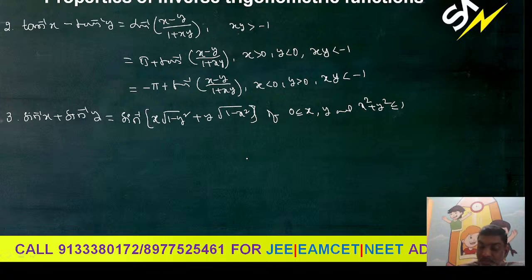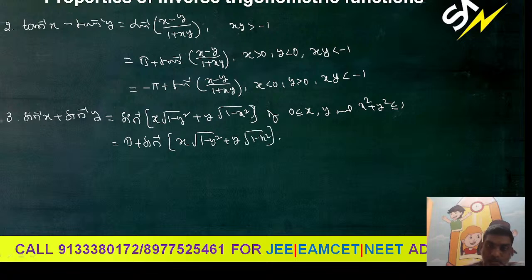And the next formula is pi plus sin inverse of x into under root of 1 minus y square plus y into under root of 1 minus x square.